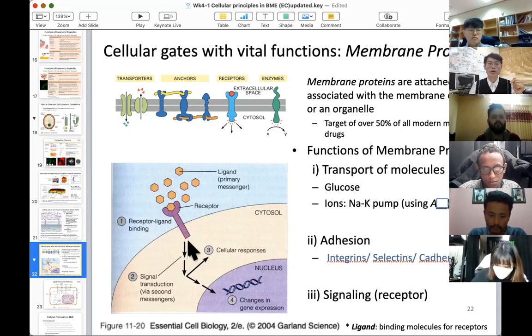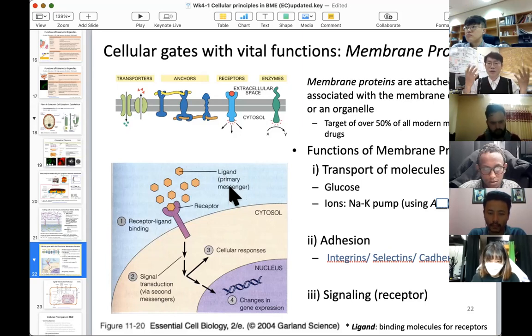You can see these multiple arrows, and this explains how it propagates: it is smaller at the beginning, but it will activate many signaling molecules, such as kinase molecules, which phosphorylate the downstream molecules and activate that enzyme or protein, and then they propagate. This cascade we call signal transduction, or second messengers, because the ligand is the primary messenger.